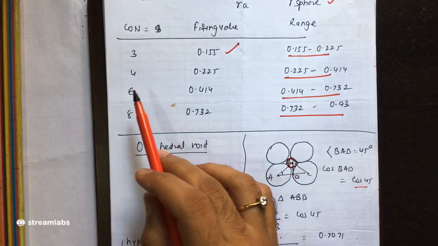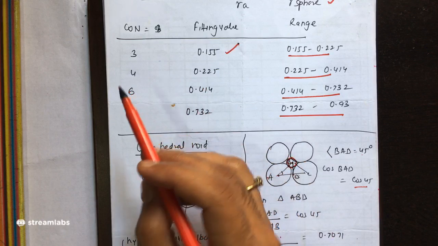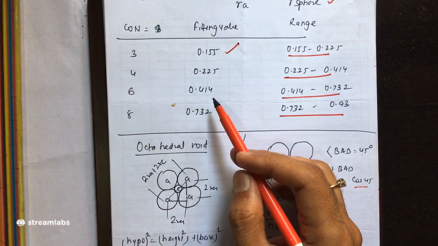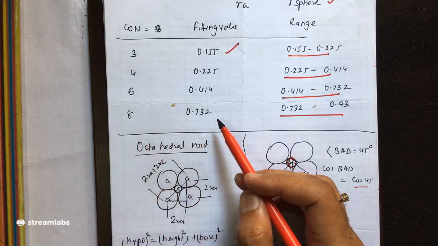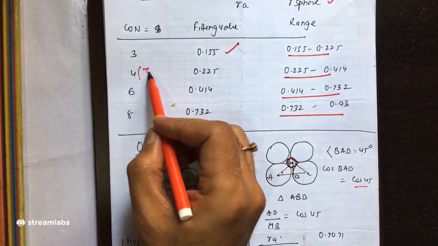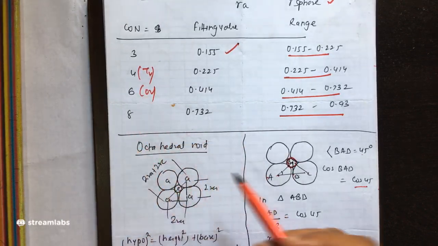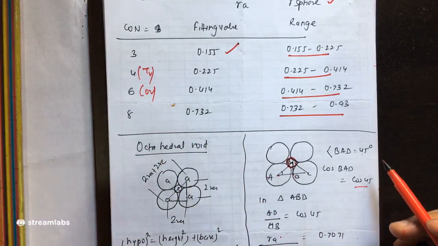For coordination number 4, it is 0.225. For 6, it is 0.414. For 8, it is 0.732. All these are limiting values. So 4 is tetrahedral void, 6 is octahedral void, and the rest are the triangular and cubic voids.